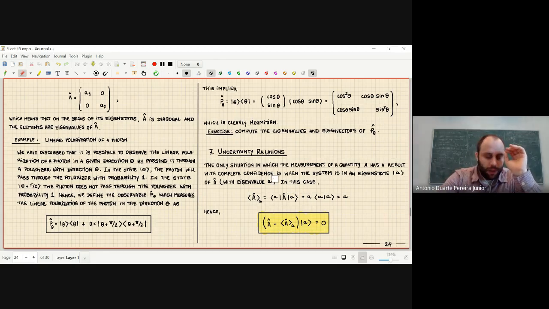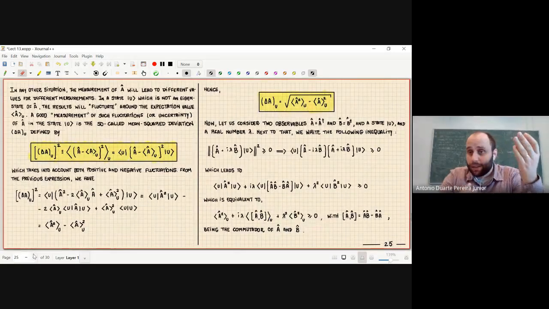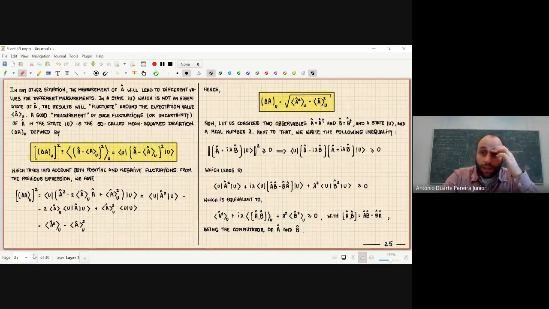Okay? But if your state now is not an eigenstate, then when you compute the expectation value of A in this state, you are not going to get that the expectation value of this operator in this state |u⟩ will coincide with the values that you measured.